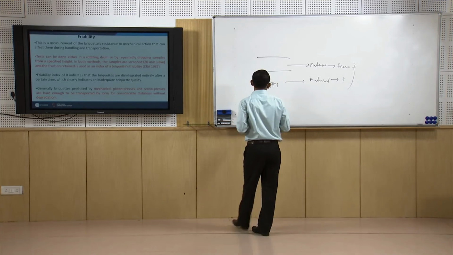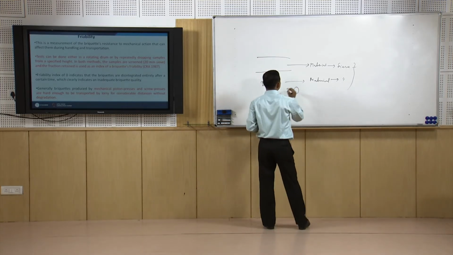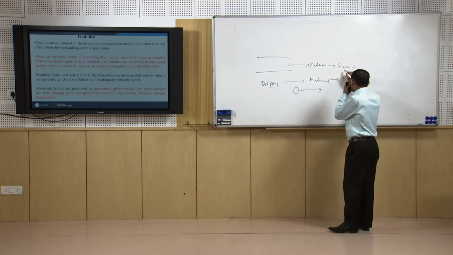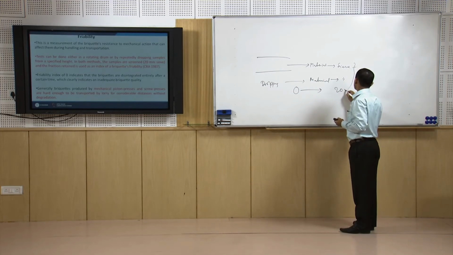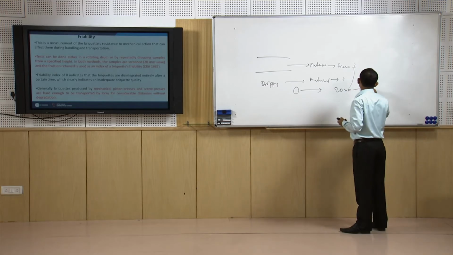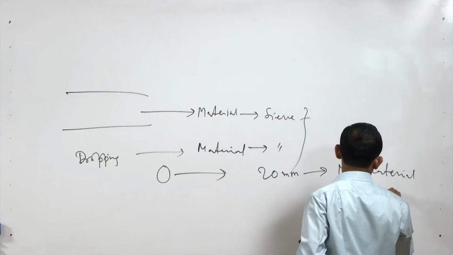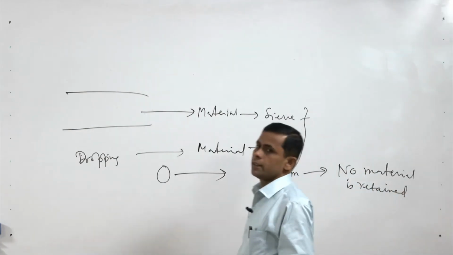So, if the briquette's friability index is 0, this indicates that when we use the 20 millimeter sieve, no material is retained.